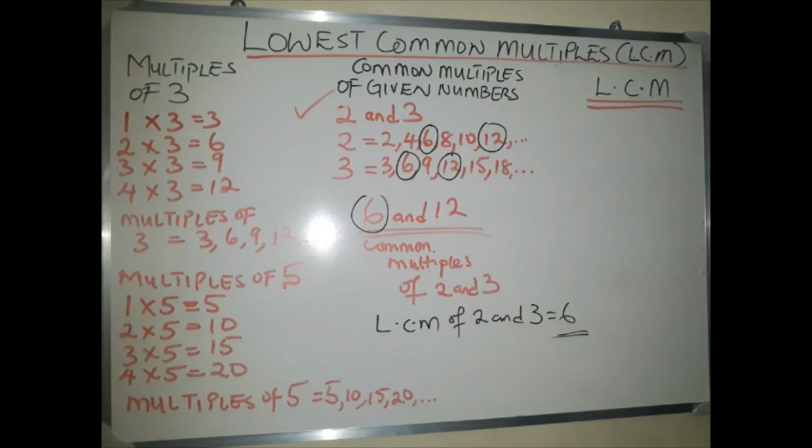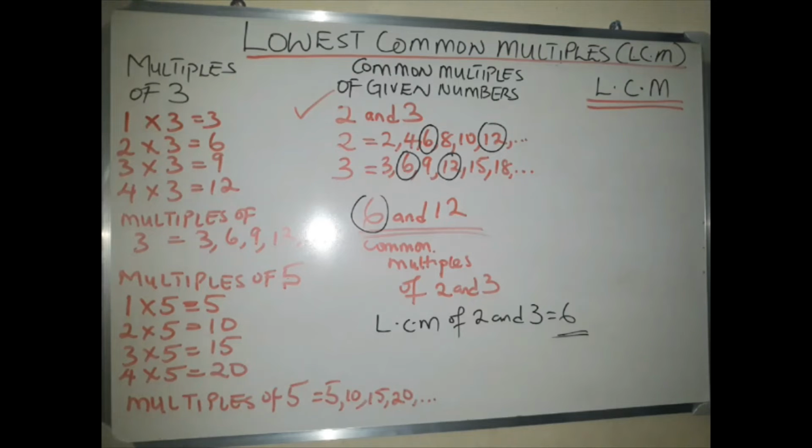Before I conclude this lesson, I want us to learn another method of calculating the lowest common multiple of a given set of numbers. So let's just go straight to it. This method involves dividing the given numbers completely using prime factors.